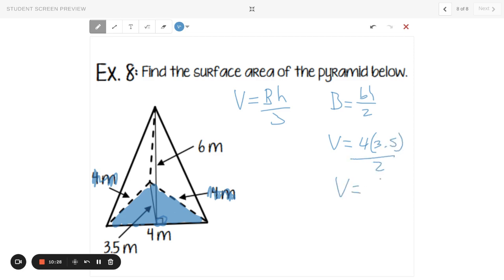So then you're going to do 4 times 3.5 and then divide by 2, and you get 7. So the volume formula would be V is equal to 7 times the height of the pyramid, which is 6, divided by 3. And then you'll end up getting 14 meters cubed as your answer.